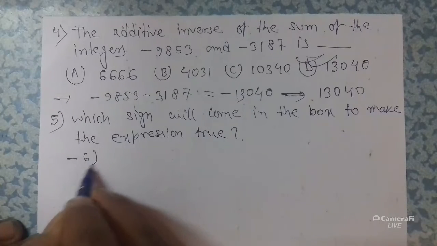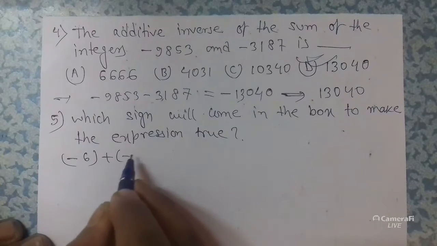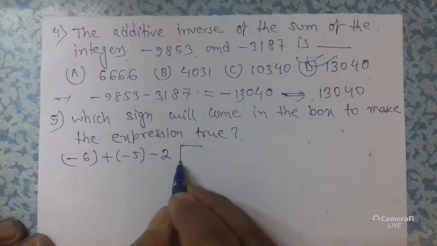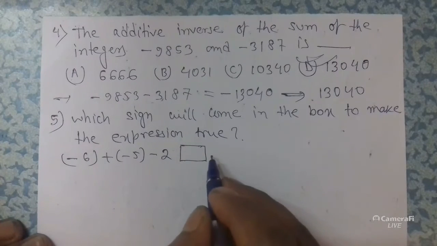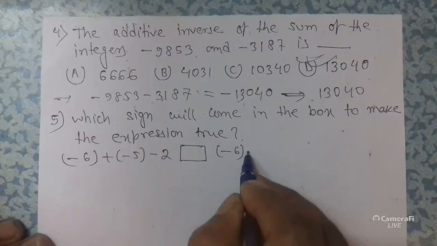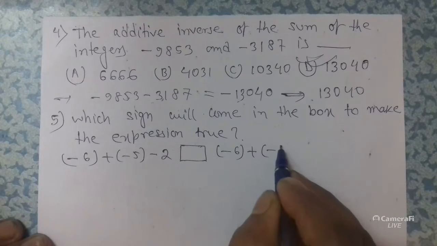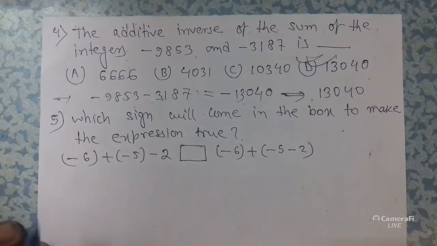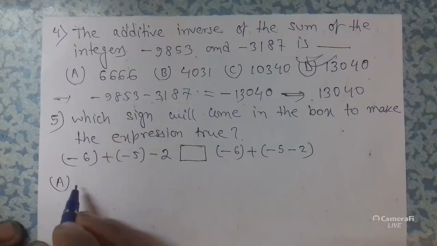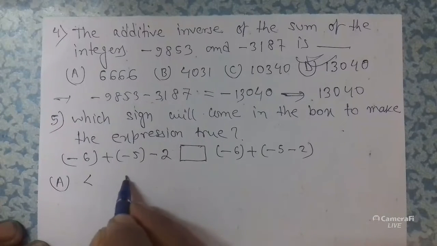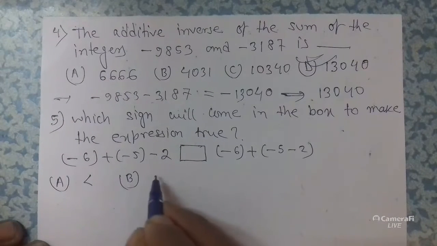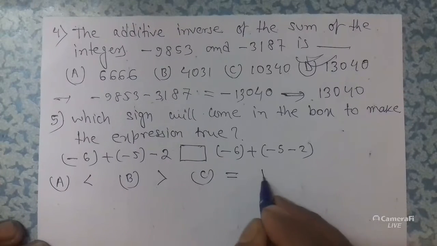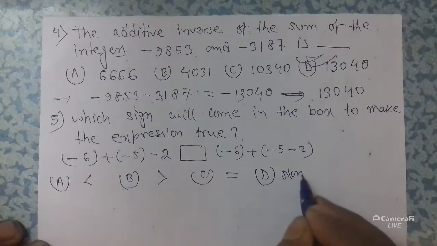The expression is minus 6 plus of minus 5 minus 2, then in the right hand side minus 6 plus of minus 5 minus 2. The options are option A less than sign, option B greater than, option C equals to, and option D none of these.